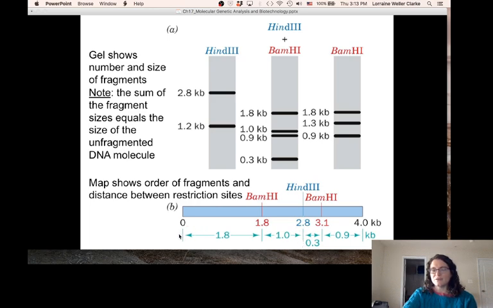Then you're going to expect one that's 1.8 long, and 1 long, and 0.3 long, and 0.9 long. If you see either one of these, only one of the restriction enzymes has cut, or if you don't see either of those, then neither one has properly digested it.